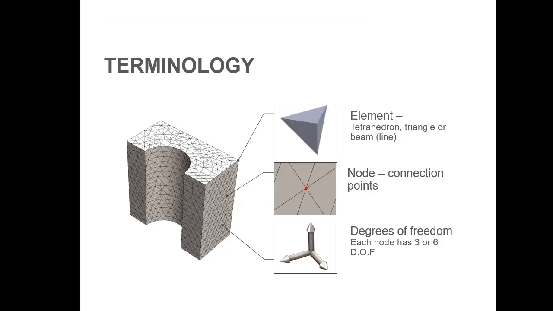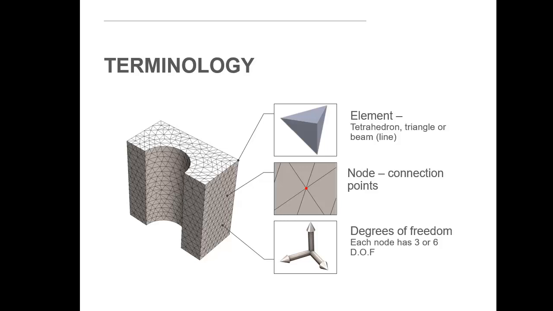These can be in the form of tetrahedrons, triangles, or lines in SolidWorks. This process is called meshing, and all of the elements together are called the mesh. Each element has a number of nodes, just like we saw in the previous slide with the lines, and each node has a number of degrees of freedom, or DOFs for short. These are the unknowns that we're solving for.